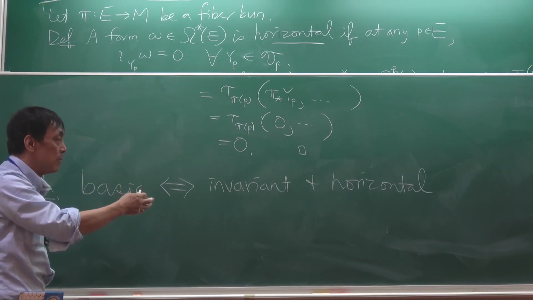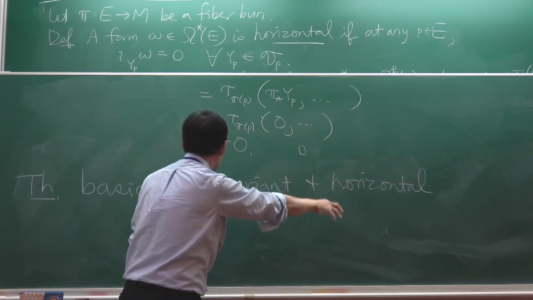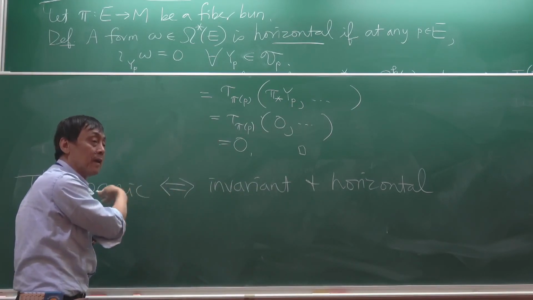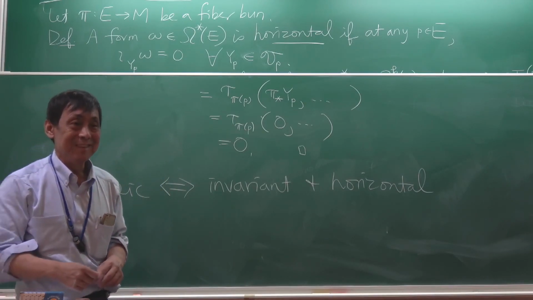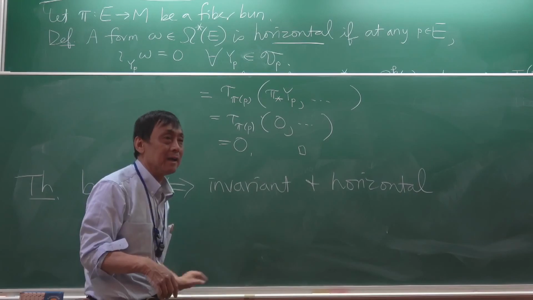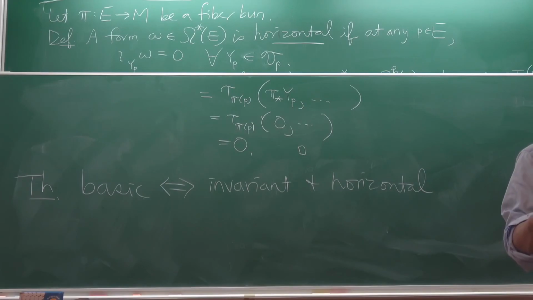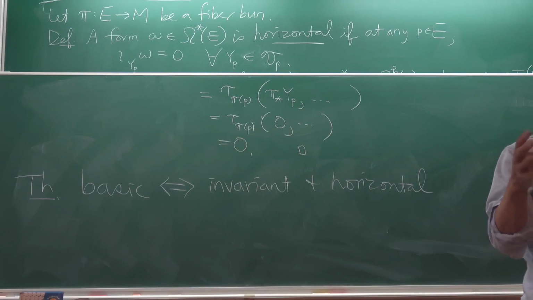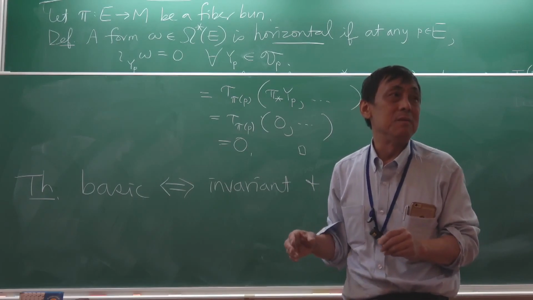If a form on a principal bundle upstairs is invariant and horizontal, then it's basic. I will prove this in the next hour. I also will do an example of computing the ring structure on the cohomology of the total space. I will do it for U2, and then in the homework you do it for UN. All right, so let's take a break for 10 minutes.